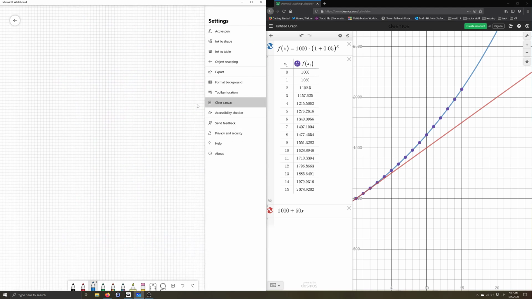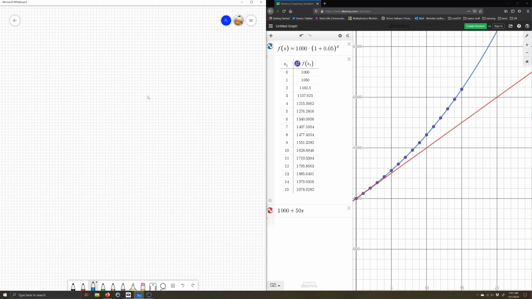So the thing about compound interest is sometimes you compound multiple times a year. So, for example, lots of things like car loans or mortgages or whatever compound monthly, which means they compound 12 times a year. So let's say we have $1,000 at 5% compounding monthly.